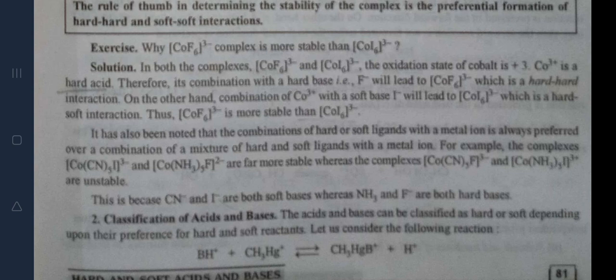It has also been noted that the combination of all hard or all soft ligands with the metal ion is always preferred over a combination of a mixture of hard and soft ligands with the metal ion.